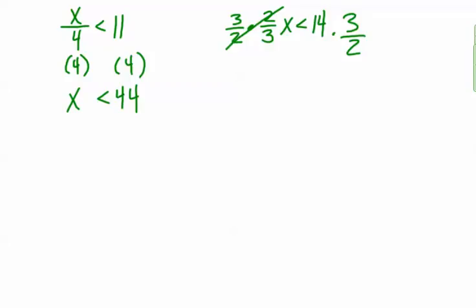The new coefficient of x is 1. Our inequality sign, we're going to bring that down because we have not used negatives at all. And then 14 times 3, we've got 42 over 2, which we can reduce. In Algebra 2, we like to leave our answers in improper form in general. But here, 42 actually will divide by 2, so our final answer is that the x represents any number less than 21.